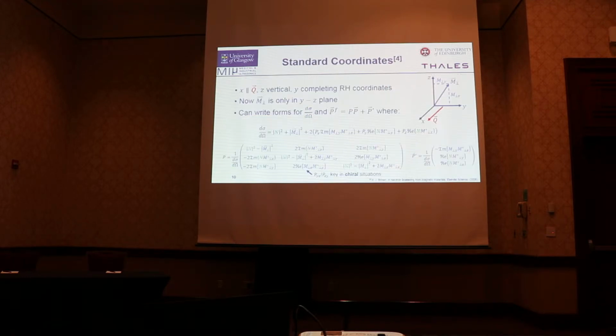We go to the standard coordinate system. It's a bit more useful. So we take x direction along the scattering vector, and this means that the interaction vector is only in the YZ plane.